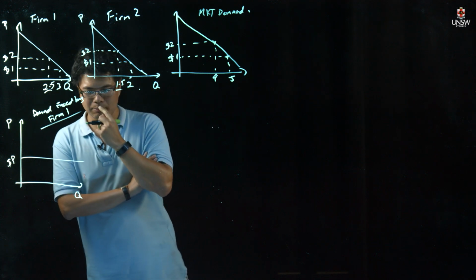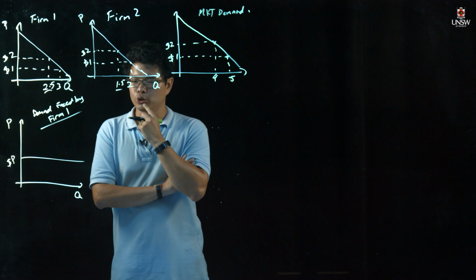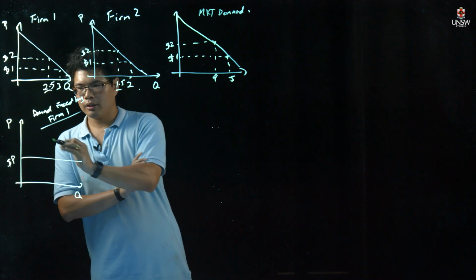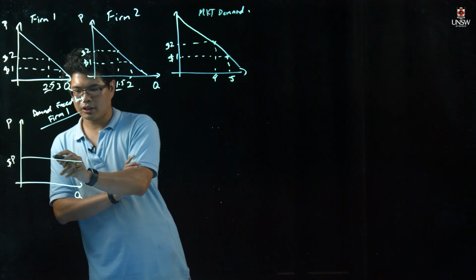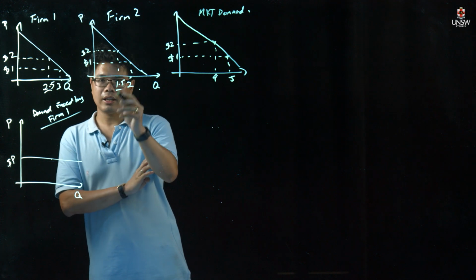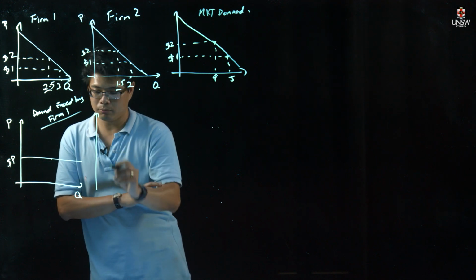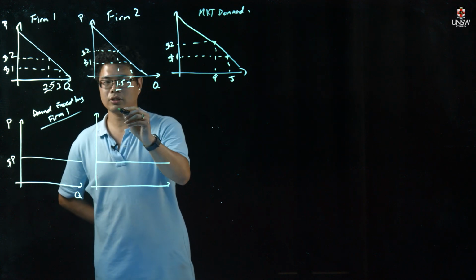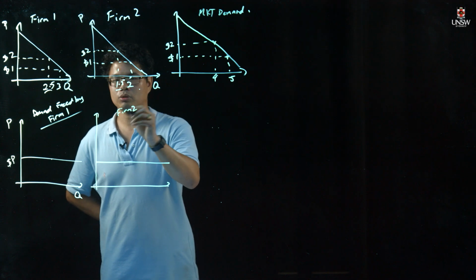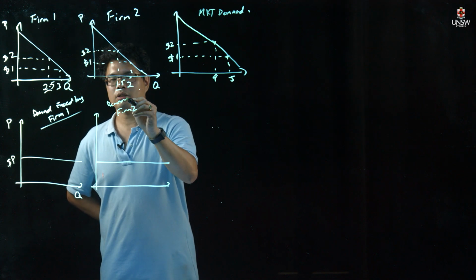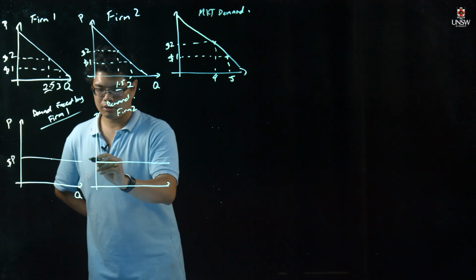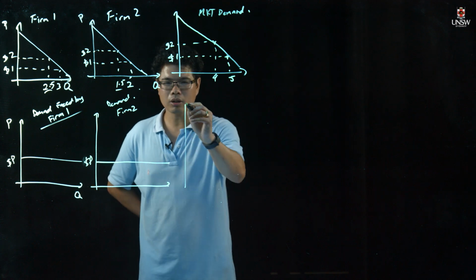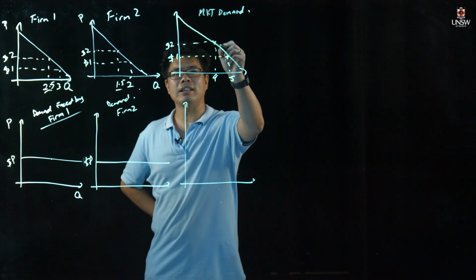The question which I asked a couple of people on Tuesday in the previous Collaborate session was simply this. If firm 1's demand line is horizontal, and the same thing applies for firm 2 because we're in a perfectly competitive market, and it's the same price, how is it possible that we get this as the market demand?